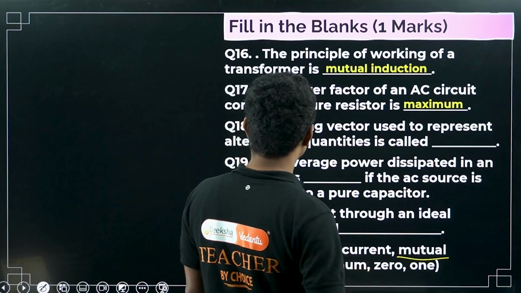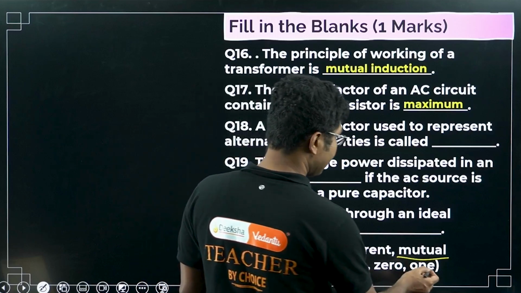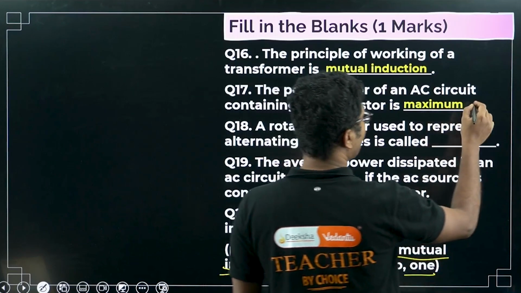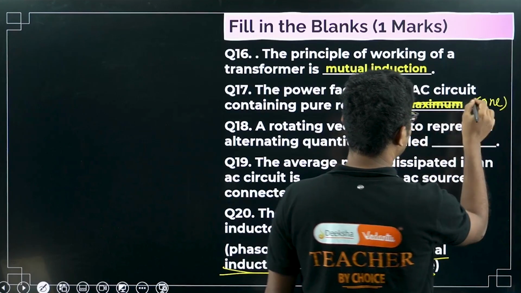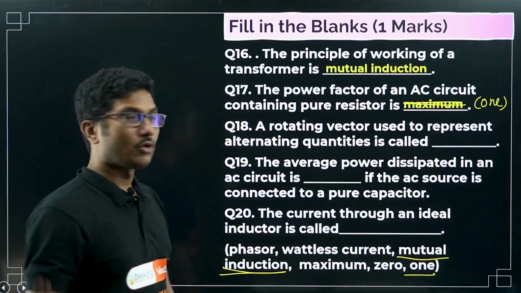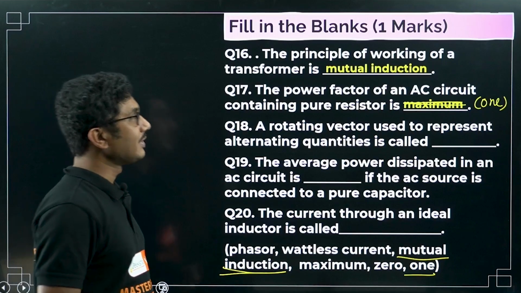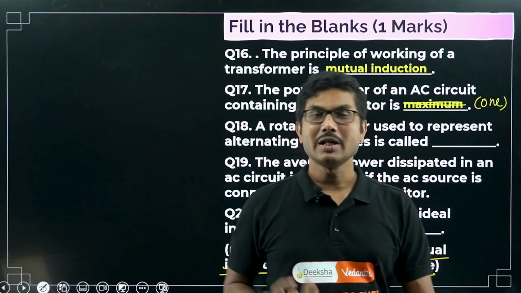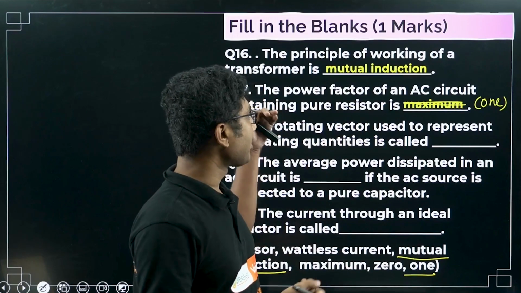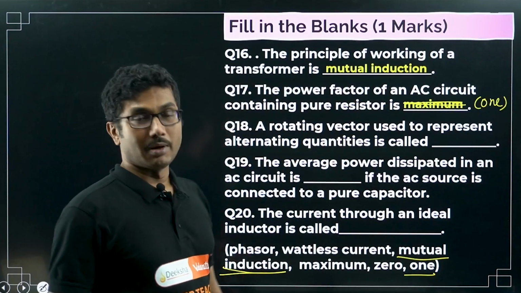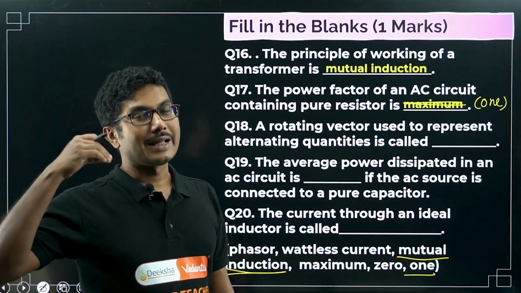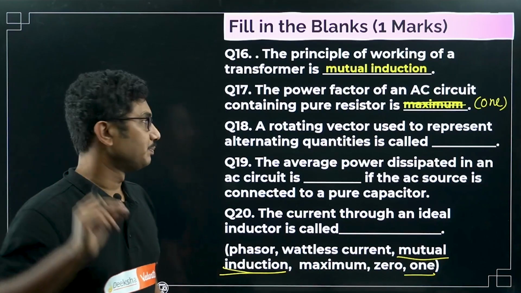Unfortunately, it will be 1, not maximum. Both are possible, but 1 is more suitable for this answer. If the question was power consumption, then it would have been maximum. But for power factor, they have a specific value, that is 1.